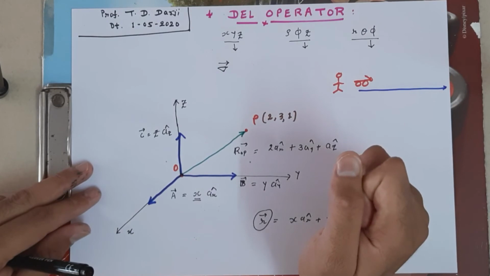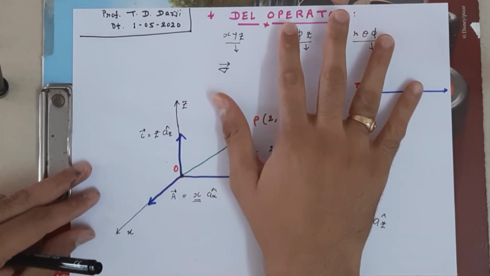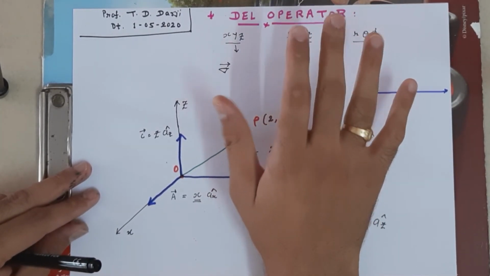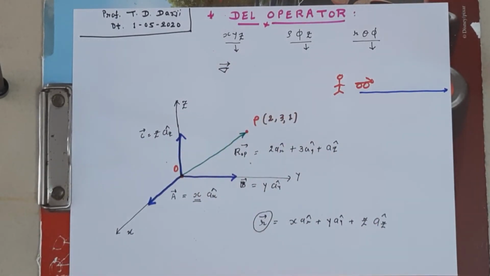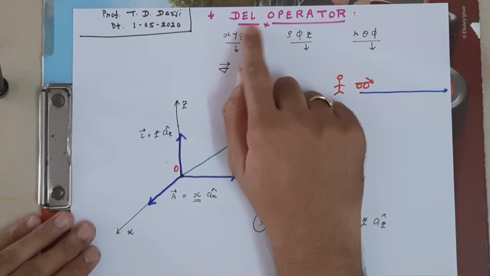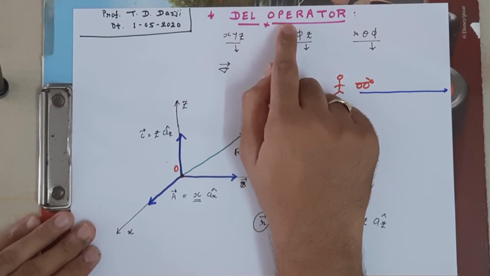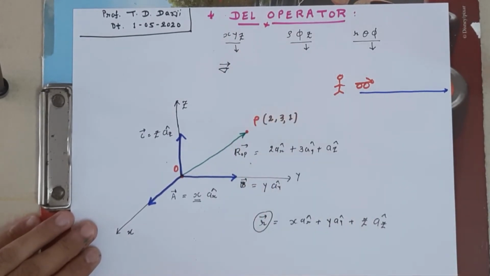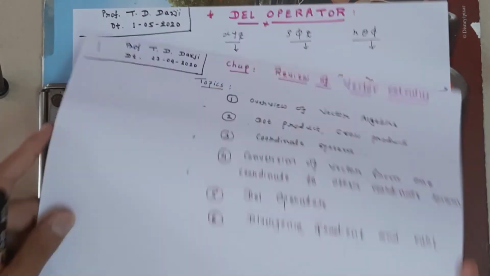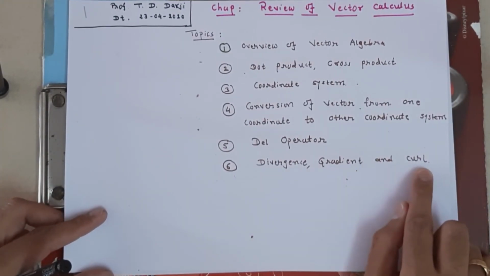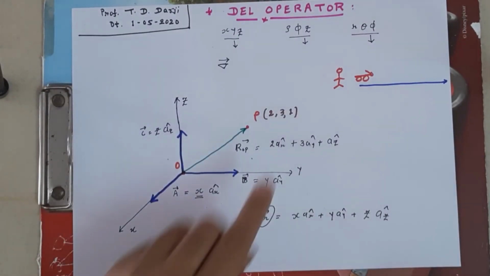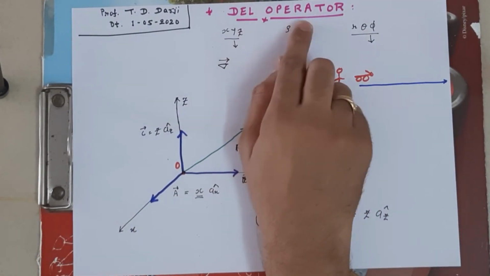That means to do divergence, gradient and curl operations, we always use the Del operator. Using del we can do the total 3 types of operation: divergence operation, gradient operation and curl operation. That is why it is known as an operator, the Del operator.